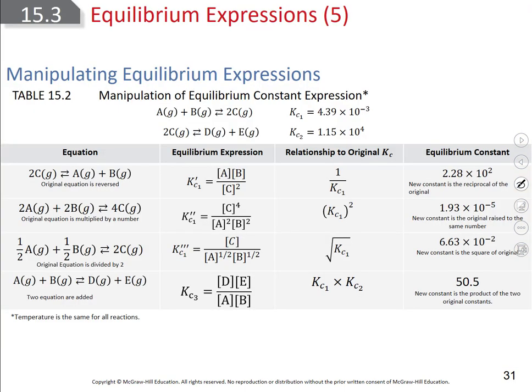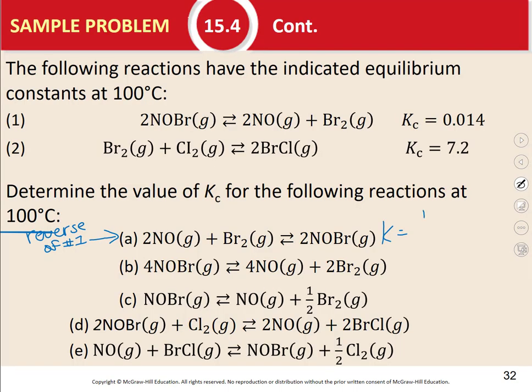One over, good. If the equation is reversed, your K value is 1 over your original K. So it's going to be 1 over the original K, which was 0.014. So what is 1 over 0.014? Yep. We'll just round that to 71 because we've got 2 sig figs. So 71 is your new K value.